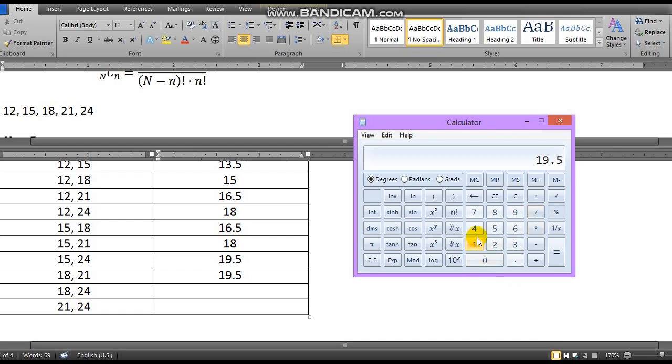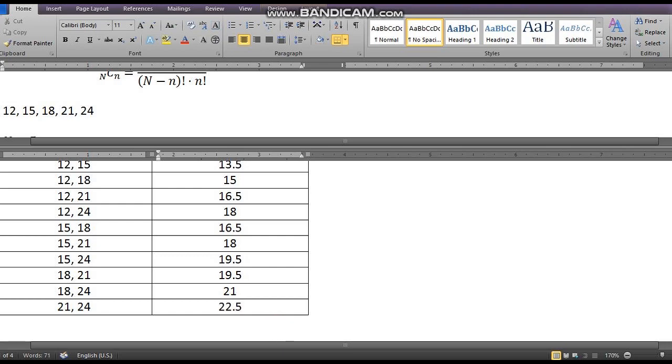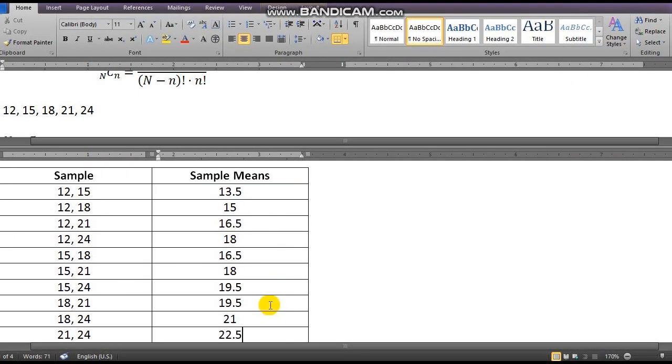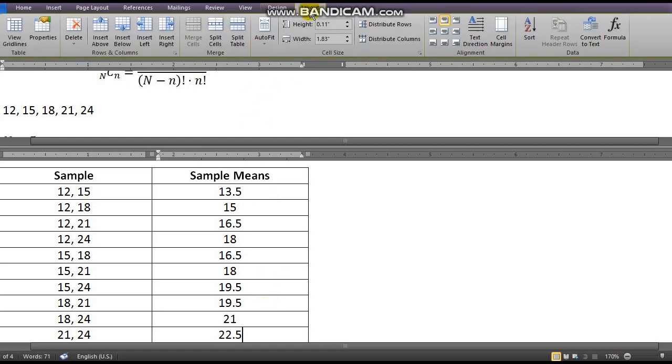We also have 18 plus 24 divided by 2, that's 21. And 21 plus 24 divided by 2, that is 22.5.